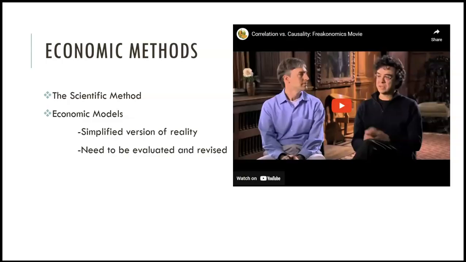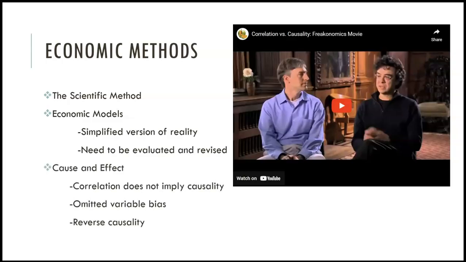It doesn't show the exact curvature of the street, right? A lot of the lines are just straight in the map, but it's useful. It's very useful and can help you get to where you're going. So simplified versions, simple models, are fine as long as they get us to the destination that we're trying to get to. When they no longer do that, we need to evaluate them, right? We need to revise them, maybe throw out this model, come up with something different.